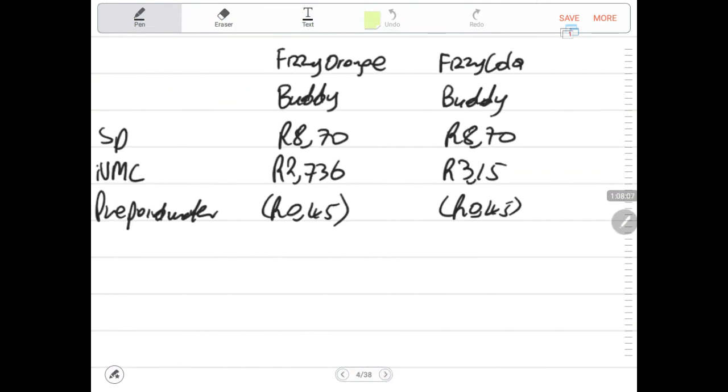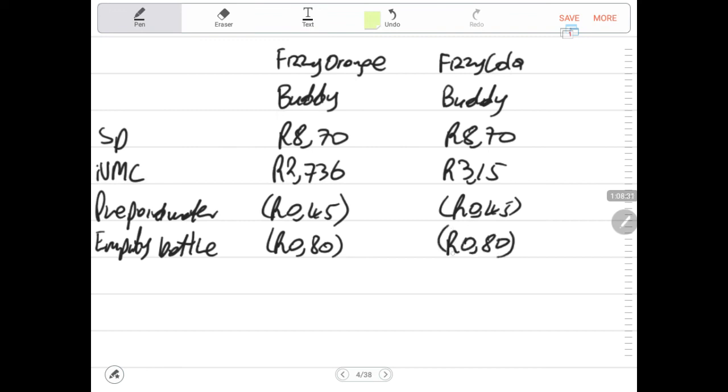The empty bottle is 80 cents throughout, and the 15 cents is the distribution cost.